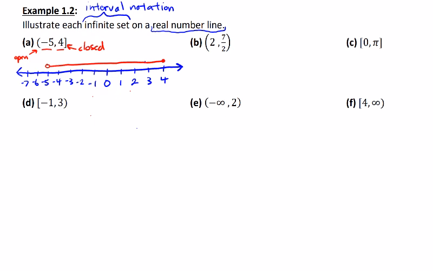Let's look at another one. We have (2, 7/2). So a number line, probably not as large as the last one, needs to be drawn. And on the left, I'm going to start at 0. And moving to the right, I'm just going to put positives all the way up to 5. And my left bound is 2, which is an open circle at 2.